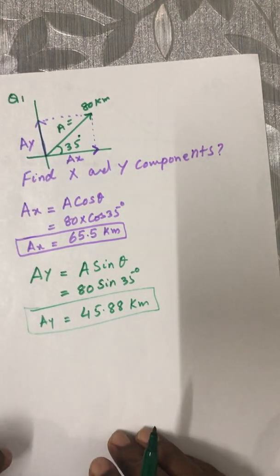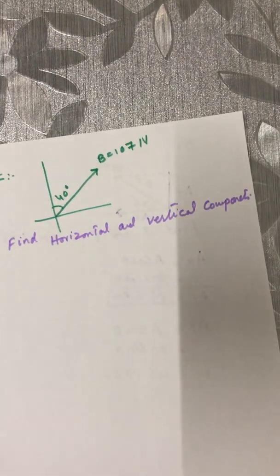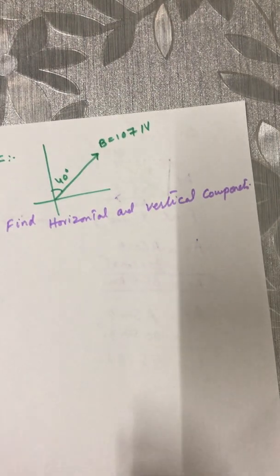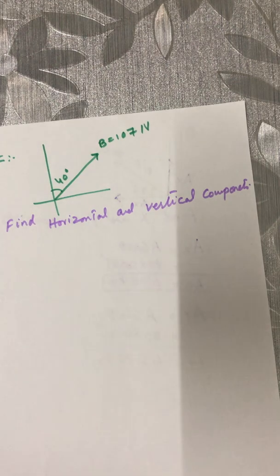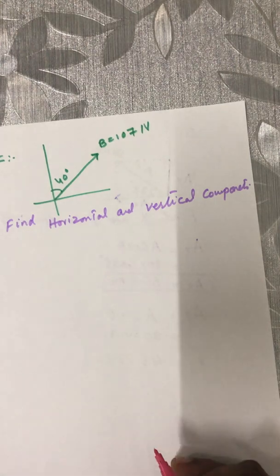Now we have to do question number 2 of the worksheet. Here another vector B is provided. The value of B is 107 Newton. It's a force. We have to find horizontal and vertical components. Look, sometimes in the exam they will ask you to find x or y component, or horizontal or vertical component.